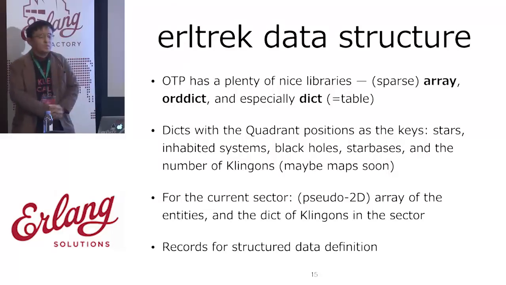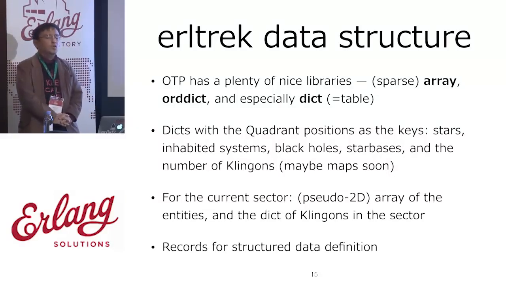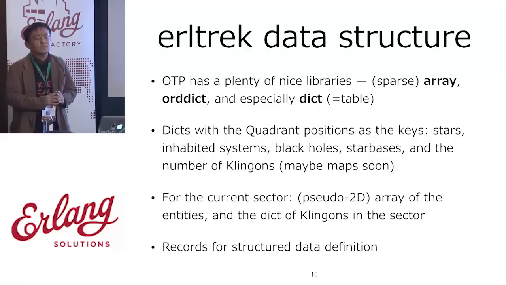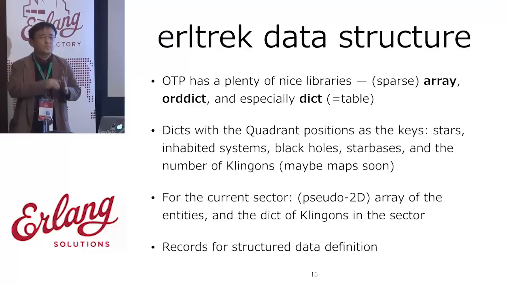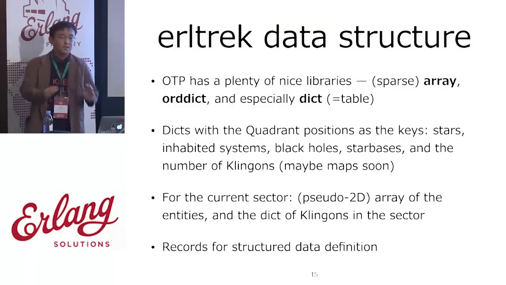So let me talk about the data structure. OTP has plenty of nice libraries. It has a sparse array. Sparse array means arrays with a default value, for example, 0. And when you add some elements in the array, it's actually represented by a very large tuple tree.